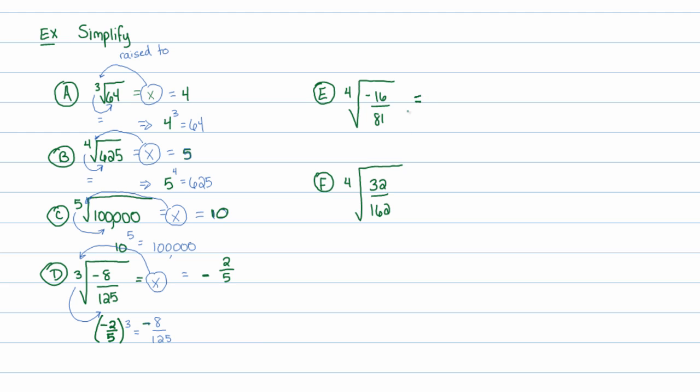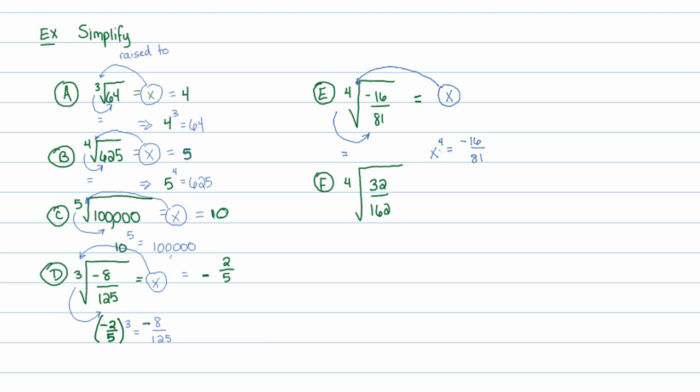This next example, example E here, again, I have no idea what it is, so I'll write x in here. And I'll say, what number do I raise to the fourth power to equal a negative 16 over 81?